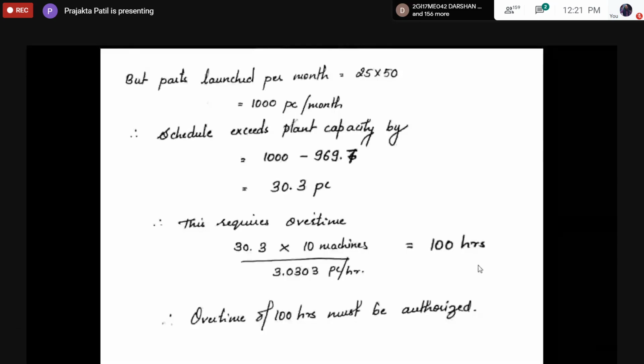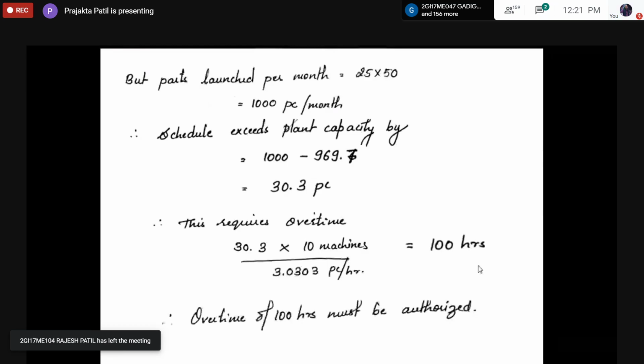Therefore, it is justified, as per the plant manager, that these 100 overtime machine hours are required. That point can be justified here. Yes, we require this 100 hours overtime in order to fulfill the demand. This is clear?